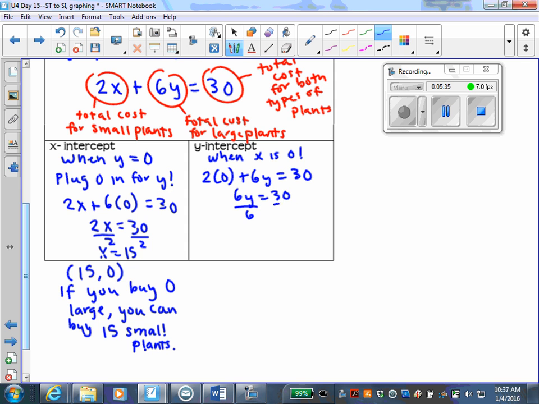Divide by 6, and we get y equals 5. That is the point 0, 5. And the meaning of that is if you buy 0 small, you can buy 5 large plants.